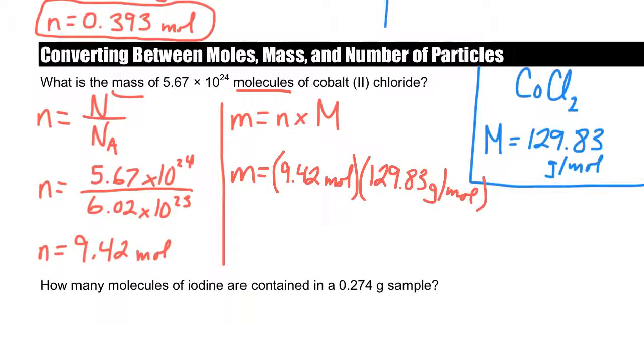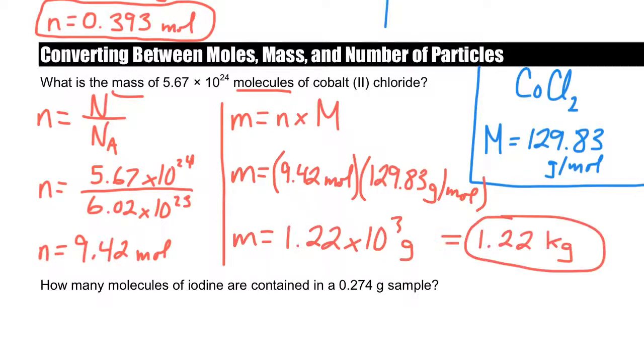So I just do the multiplication, and I get 1.22 times 10 to the 3 grams. Feel free to change that into kilograms. It's often easier to think of it that way. So this is 1.22 kilograms.